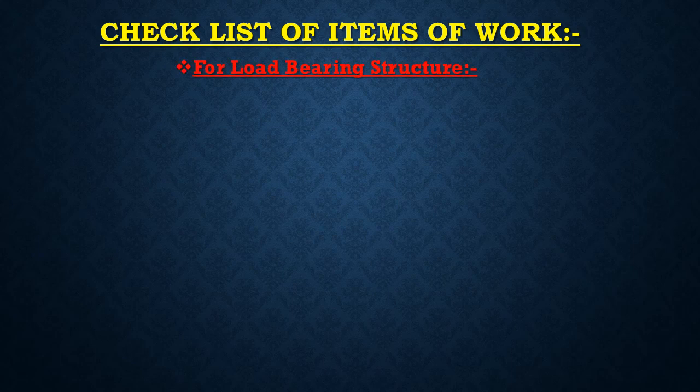Every person or estimator working on an estimate is first supposed to prepare a checklist. What happens when we prepare the calculation of an estimate? At the time of calculation, we might forget to calculate the material for some item of work, and hence it will affect the final cost of the project.